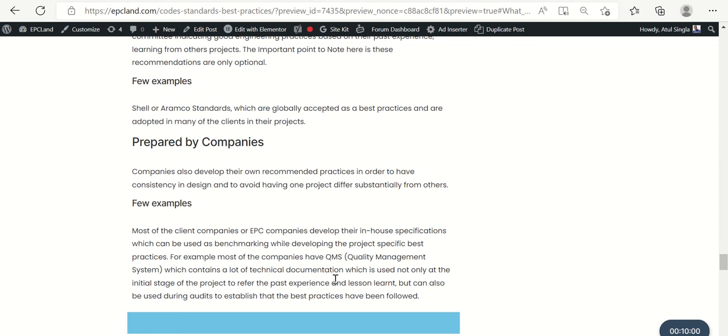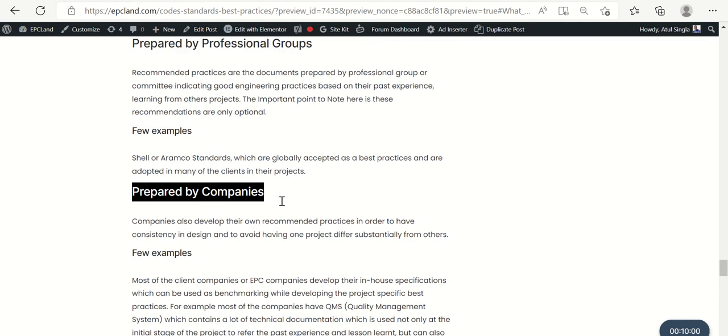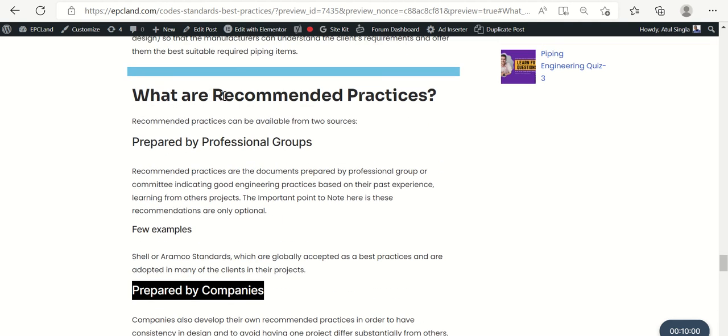Then the same best practices can be used to audit the ongoing activities. So these companies prepare them so that they can use these best practices to develop specifications at the design phase. The same can be utilized to audit whether we are fulfilling the technical requirements as per past experience.